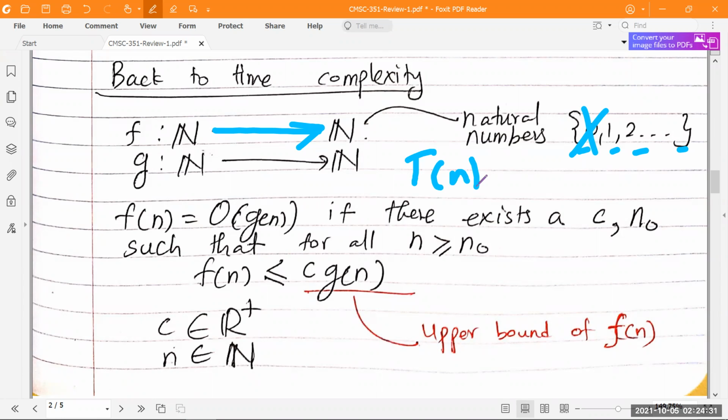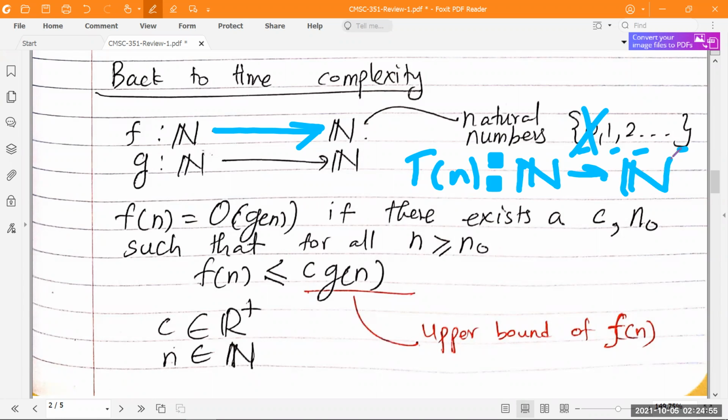And it is outputting a natural number because we are talking about unit operations or units of time. We said that we are talking about this ideal computer which can do this. So T(n) is also a function which goes from natural numbers to natural numbers.